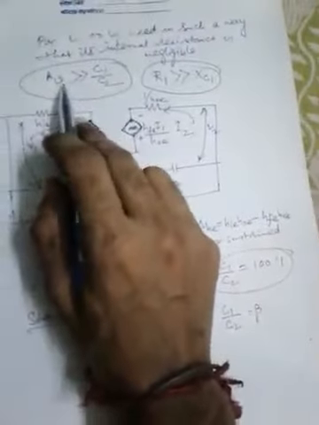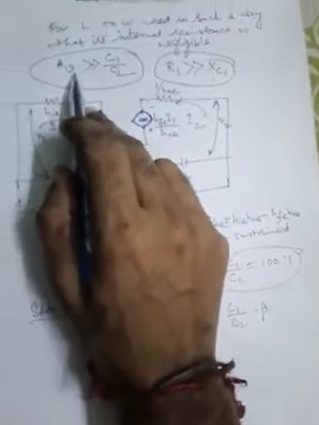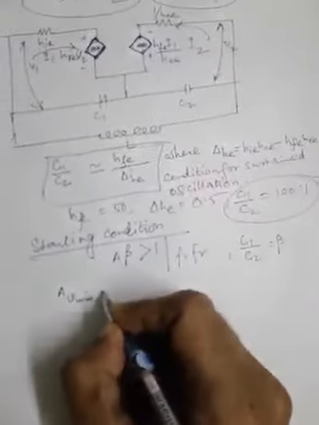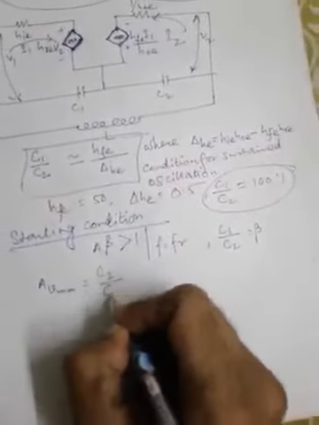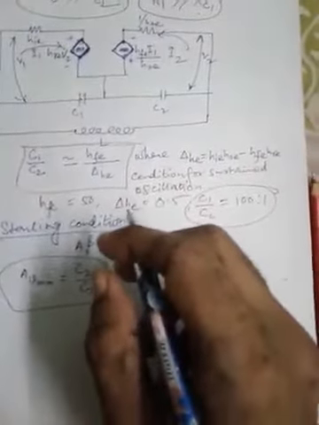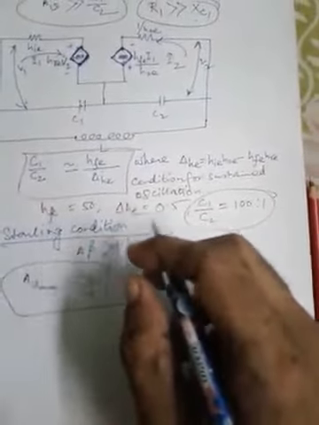But if we consider the minimum value of Av, it should be C2 by C1, and this is the relation which provides us the starting point of the oscillator. This is the corresponding minimum voltage gain, and it depends on the upper cutoff frequencies of the amplifier from its frequency response.